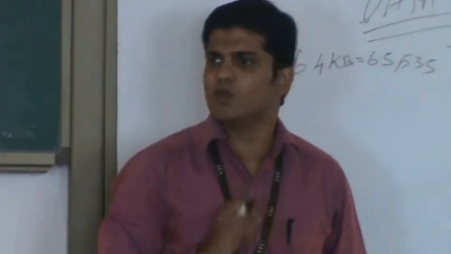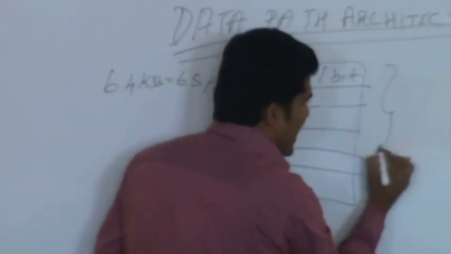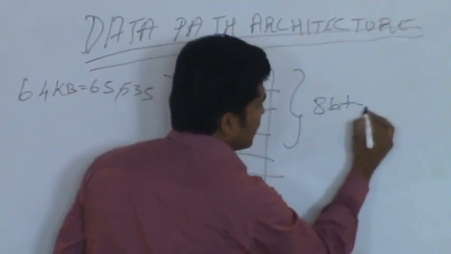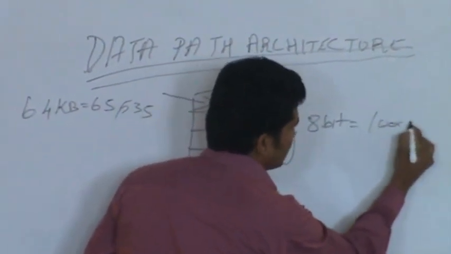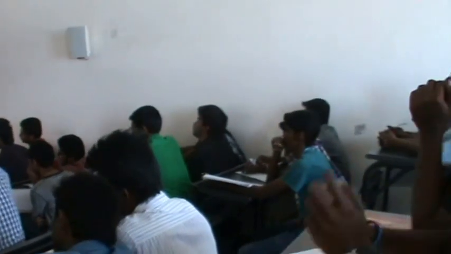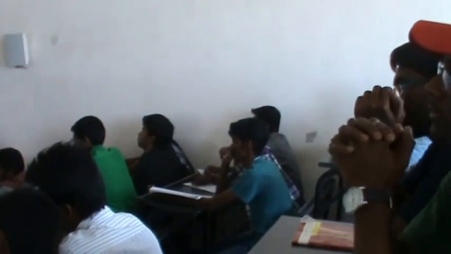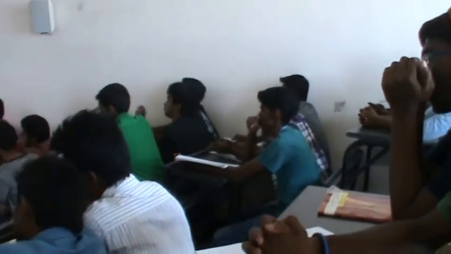So what we do is, we arrange 8 bits to form one word. We can also arrange 16 bits to form one word. We can also arrange 32 bits to form one word.